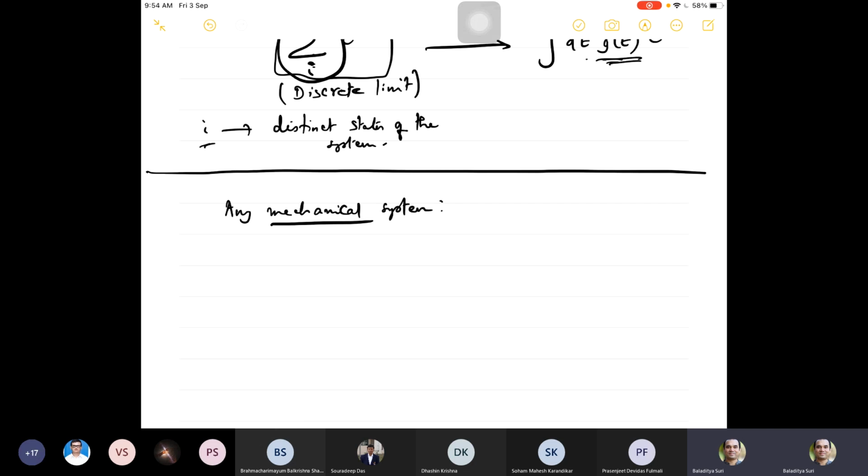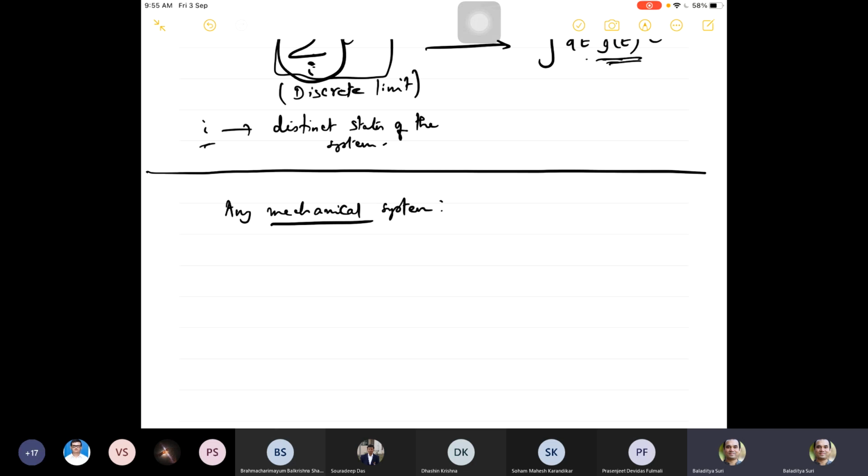Okay, the forces can be very different. For example, there could be Coulomb's force or gravitational force between the particles. It doesn't matter which force, as long as the constituent particles move about with certain velocities and forces depending on the positions of the particles. Such a system is a mechanical system, and many systems that we look at have an internal description which is a mechanical system like that.